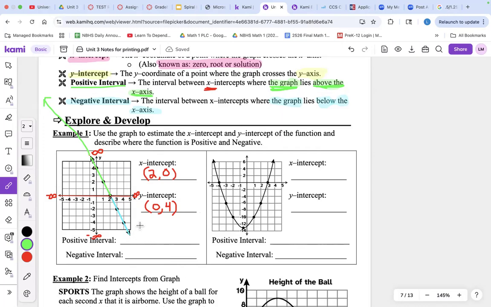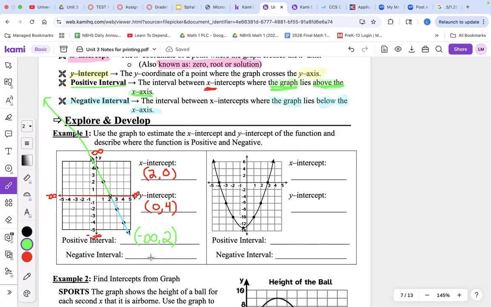So our positive interval is going to be negative infinity, and it stops at 2. Again, we're looking at 2, and it's going towards the left, so it's going towards negative infinity.